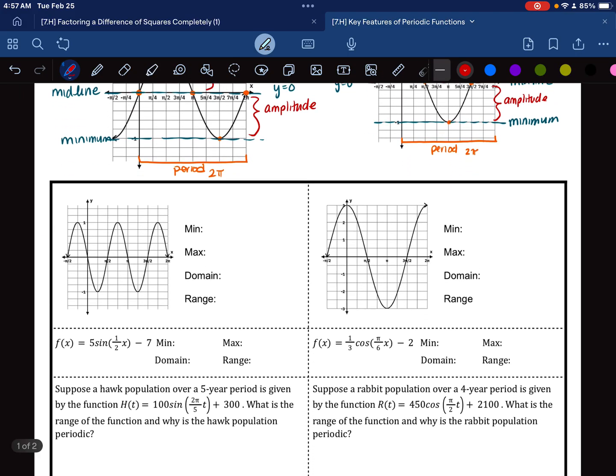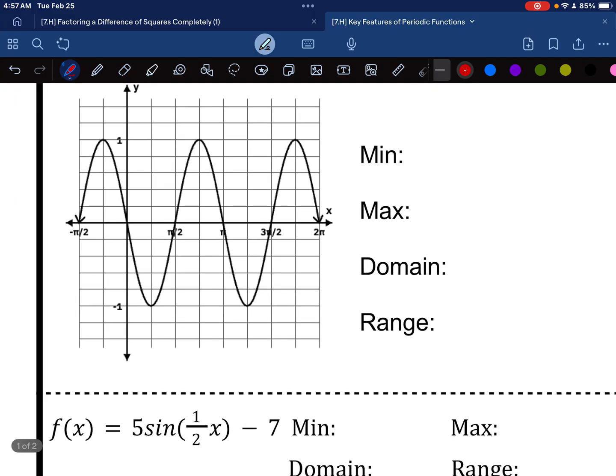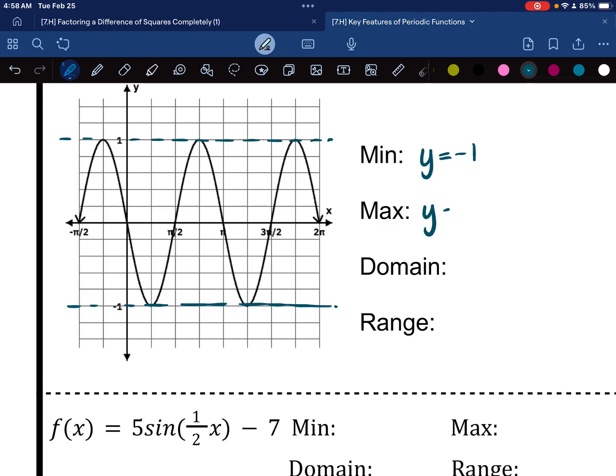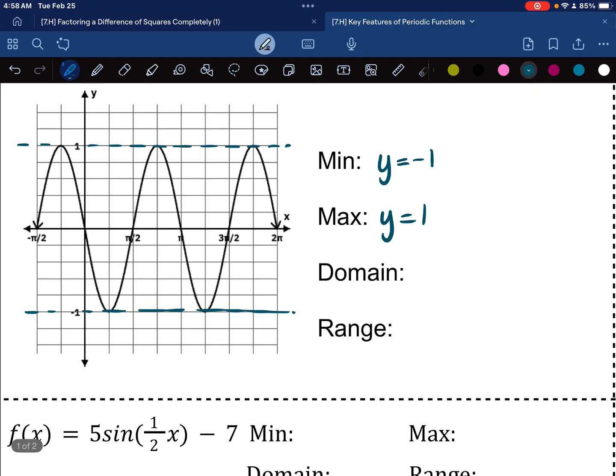Alright, so let's check out some graphs. We're going to talk about it. The minimum, if I draw this line here, see how it comes down this low? So the minimum is at y equals -1. Our maximum, our highest point, is at y equals +1. Our domain on these is always the same.